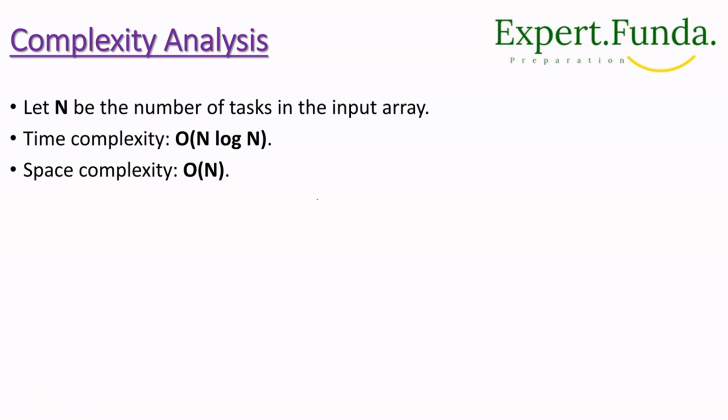So I was saying for this one, right? We have to do a sum, right? When we create the sorted task, which is a deep copy of the task array, that will take O of n time. Then we are sorting the sorted task, and that will take O of n log n, correct?